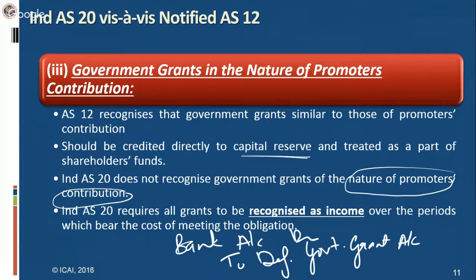Based on that principle, Ind AS 20 states that any grant received from the government for a non-depreciable asset has to be recognized as income, because certain obligations are attached to it, and those obligations are recognized in the profit and loss account.